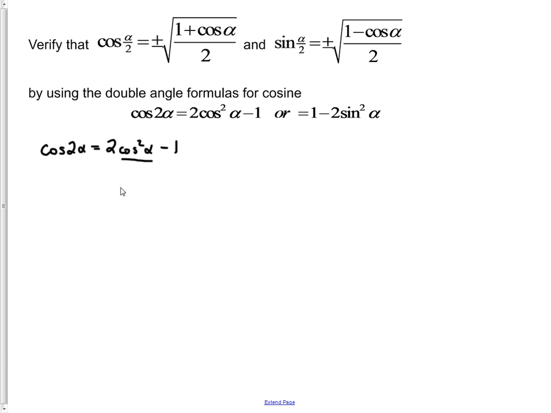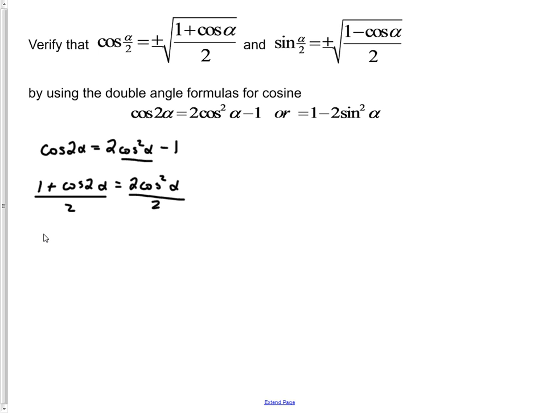So what does that mean we should do? Well, the first thing would be to add 1 to both sides, so that we could say that 1 plus the cosine of 2 alpha is equal to 2 times the square of the cosine of alpha. But to isolate cosine squared alpha altogether, we'd have to divide everything by 2. So let's do that next.